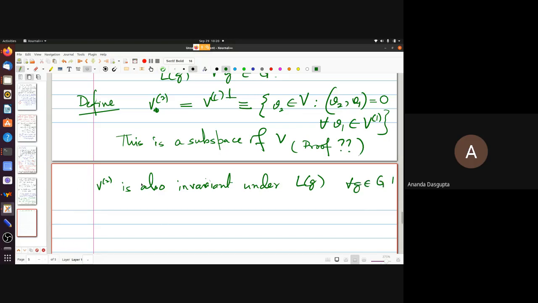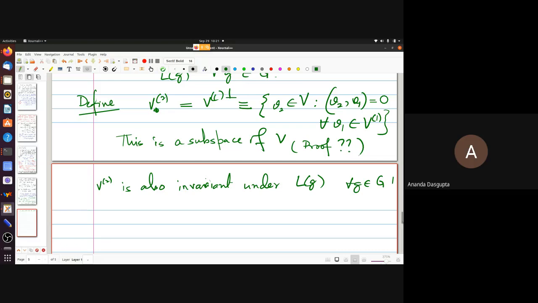This is what we need to prove. That will then leave us with two subspaces V1 and V2, and we can easily show that capital V is actually isomorphic to the direct sum of V1 plus V2, and both V1 and V2 are actually invariant under LG.